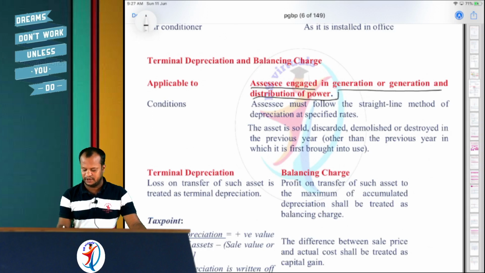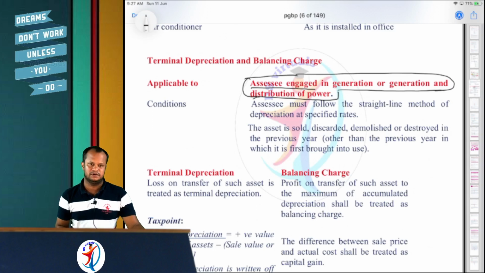You know that for assessees engaged in generation and distribution of power, there are two options for claiming depreciation.